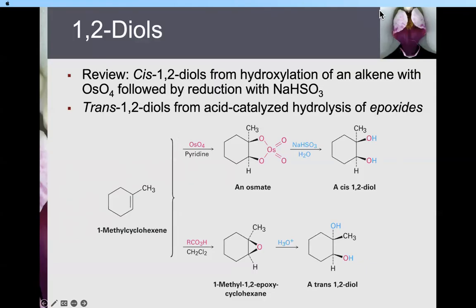The osmium tetroxide reaction occurs with syn stereochemistry, and it gives a cis diol. And another one is epoxide opening, which occurs with anti stereochemistry, and its product is a trans diol.